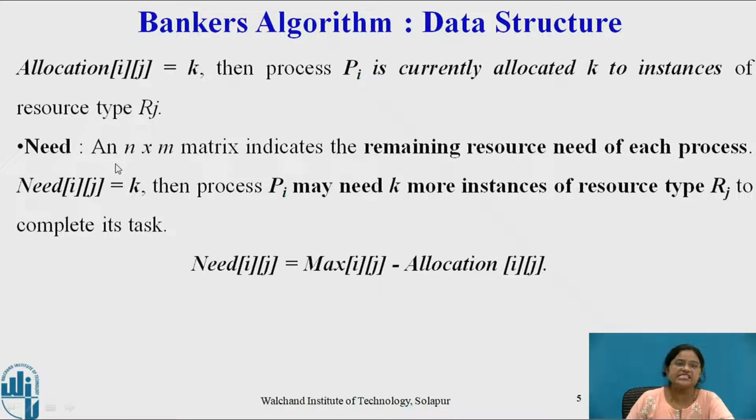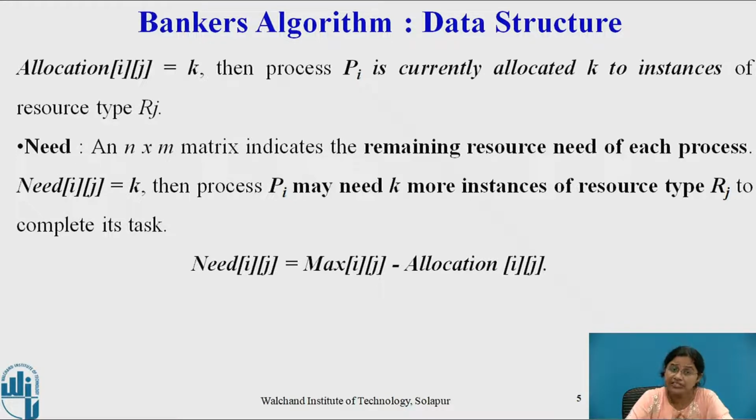Next matrix is the Need matrix. It is an n by m matrix which indicates the remaining resource need of each process. Now, suppose process P1 requires 4, but is currently allocated only 3, then the remaining need is what? 1. 1 is the remaining need for process P1.